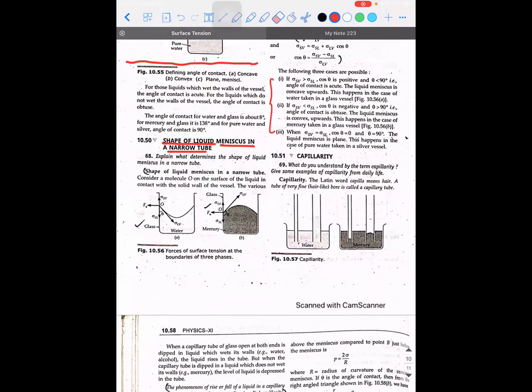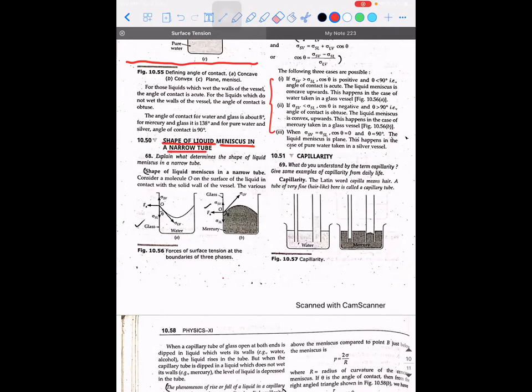Suppose you have a container in which I've taken a liquid. I'm not concerned about what kind of liquid I've taken as of now.